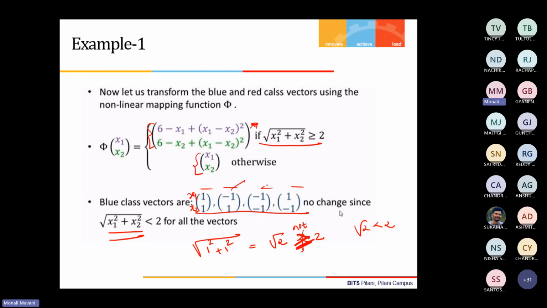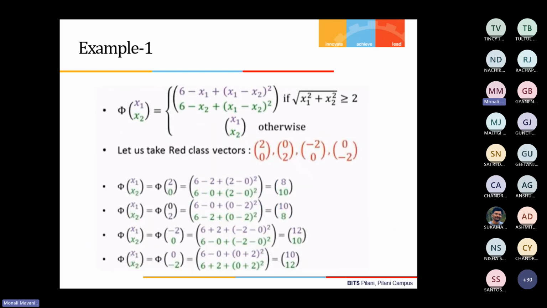You can check the same thing for the other 3 data points. With a quick mental calculation you can see that when we do x1 square plus x2 square and take the root, it won't be greater than or equal to 2. So blue class vectors are not transformed. As per this equation, they will stay as they are. Their coordinates will not change.